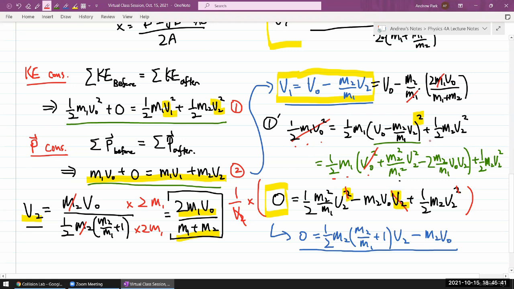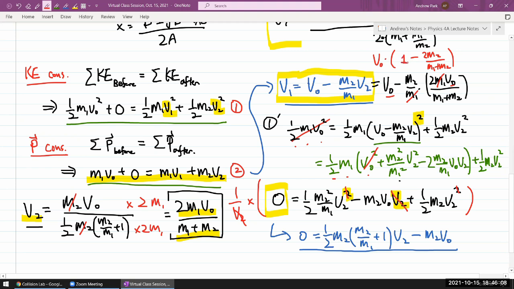And I think there's a further simplification I can do. I can factor out the common factor of v naught times, I have 1 minus m2 over m1 plus m2, and there's a technique for simplifying an expression like this.